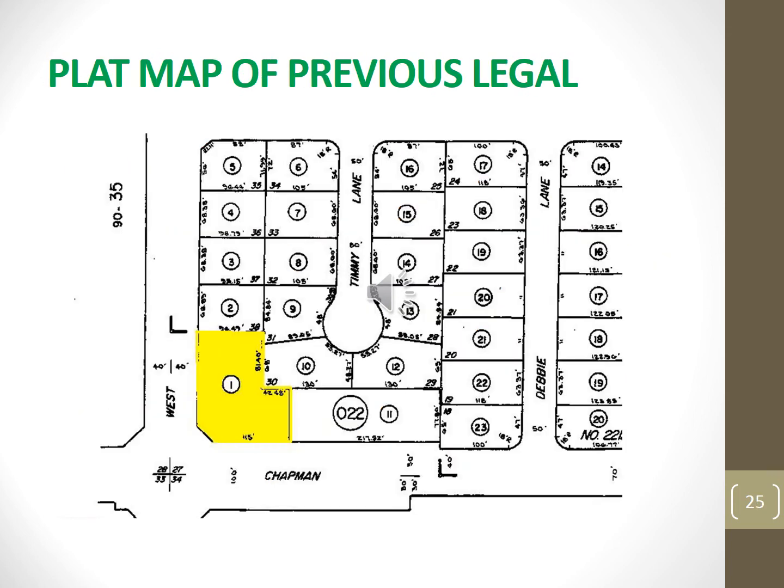Well, here's a portion of the plat map of the previous meets and bounds legal description. Now, for those of you who might be really new to this, I'll give you a little bit more. There's West Avenue in the corner of West and Chapman, and it's in Garden Grove, obviously.